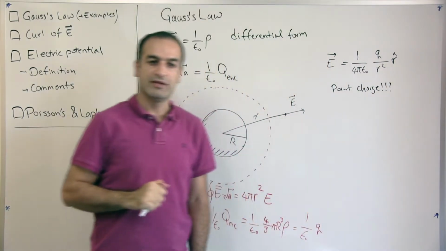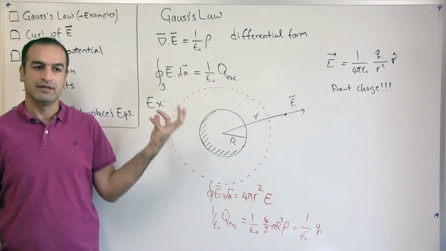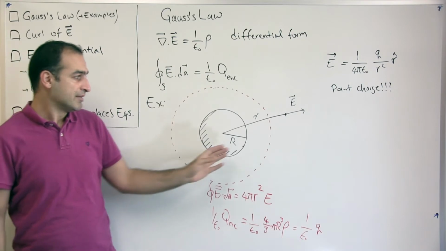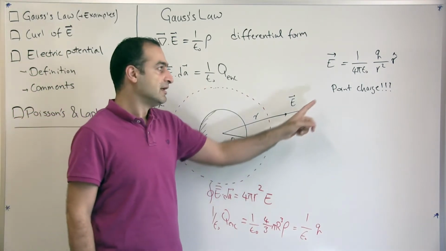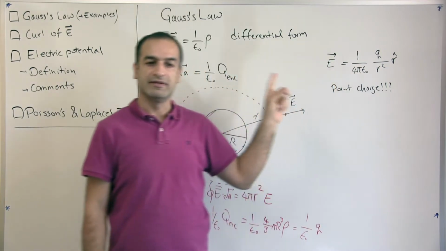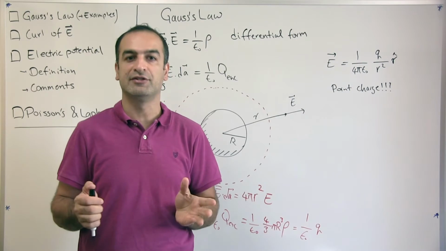So what does it mean? We said we have a sphere with continuous uniform volume charge density, but if we are away from the sphere, we calculated an electric field exactly the same as the electric field we get from a point charge. And that is actually true.